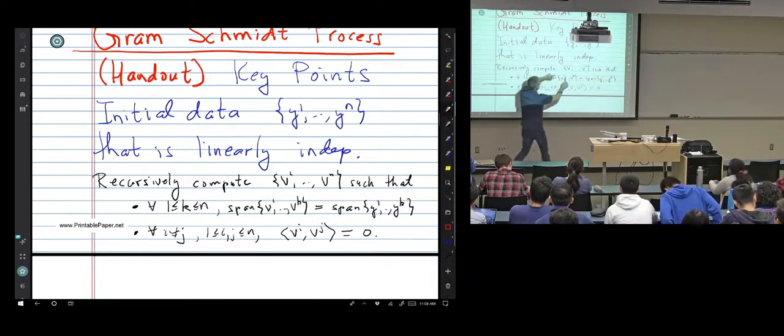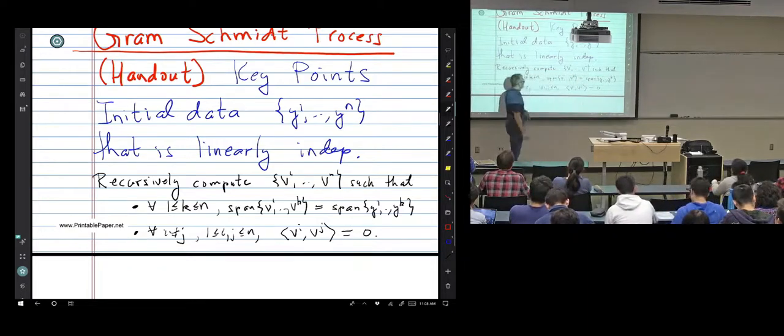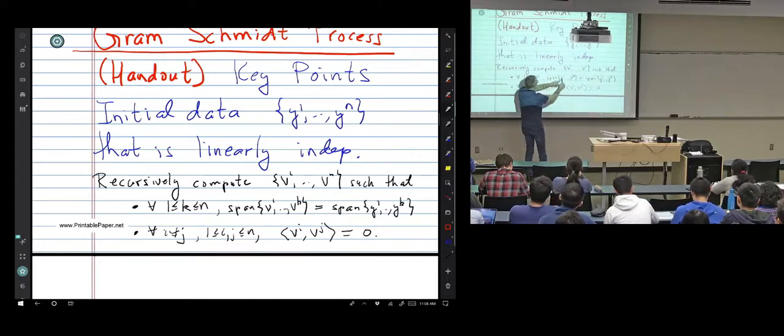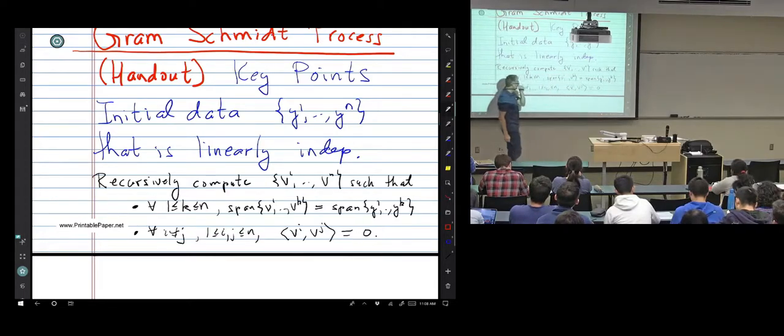It's going to compute another basis such that I look at the span of y1, that's one-dimensional, span of y2, that's two-dimensional, span of yk, that's k-dimensional. I get exactly the same thing when I stop at 1, stop at 2, stop at k with the new basis. And these are now orthogonal.